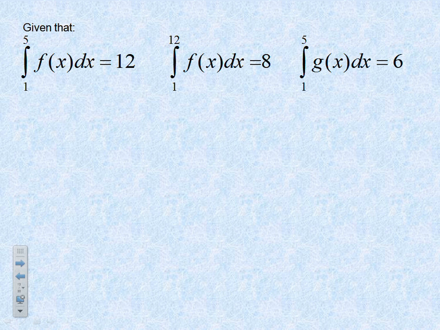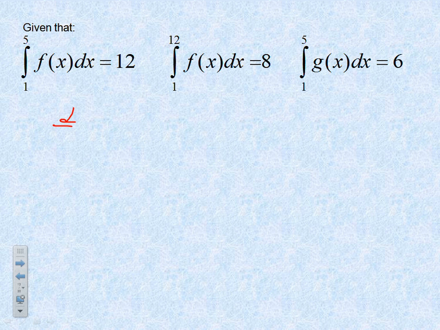The antiderivative of tangent is the natural log of the absolute value of the secant. And by the way, I've had you do that problem a large number of times. Think about this.